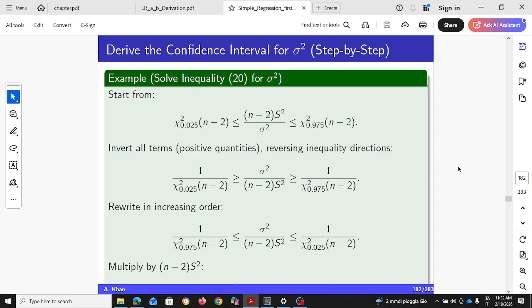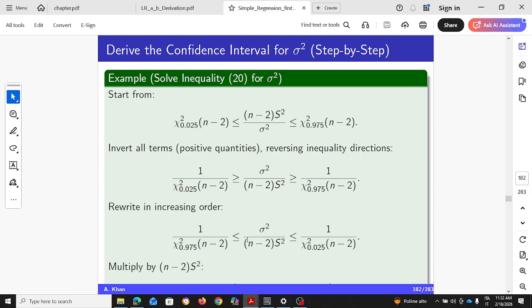Now let's make some rearrangements here. We have this. Now what we do, we invert the terms to change the sign of the inequality, and to get rid of this term, we multiply here and here.